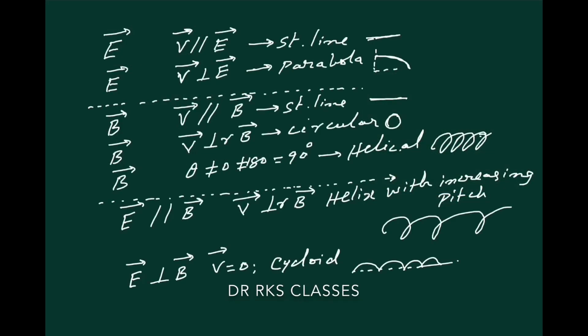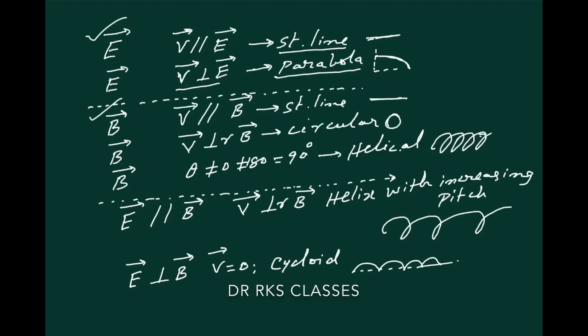Let me summarize all the results. If a charged particle enters only an electric field, parallel or anti-parallel, the path followed is a straight line. Other than 0 and 180, the path is a parabola. There are only two cases, either straight line or parabola, when a charge enters only an electric field.